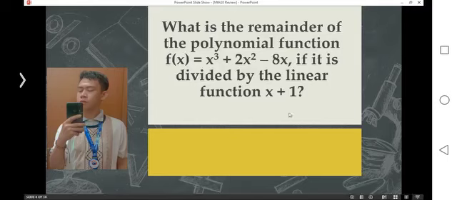To find the value of x, look for the additive inverse of 1, which is negative 1. Then all the x's of your polynomial function will be substituted with negative 1. So the answer is (-1)³ + 2(-1)² - 8(-1), which is equal to 9. 9 is the remainder of the polynomial function.